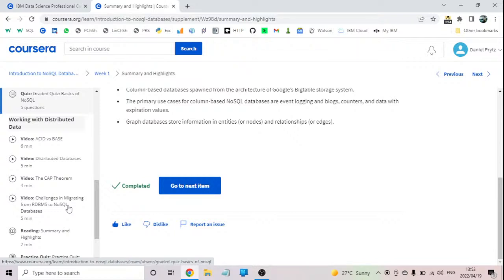That is module 2, and our first video is ACID versus BASE.